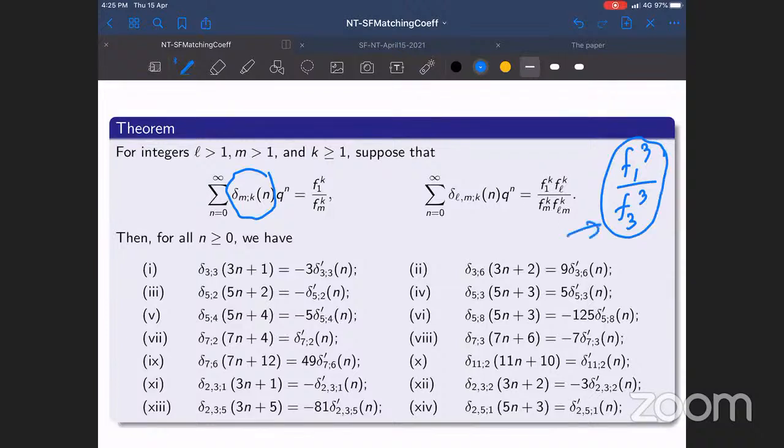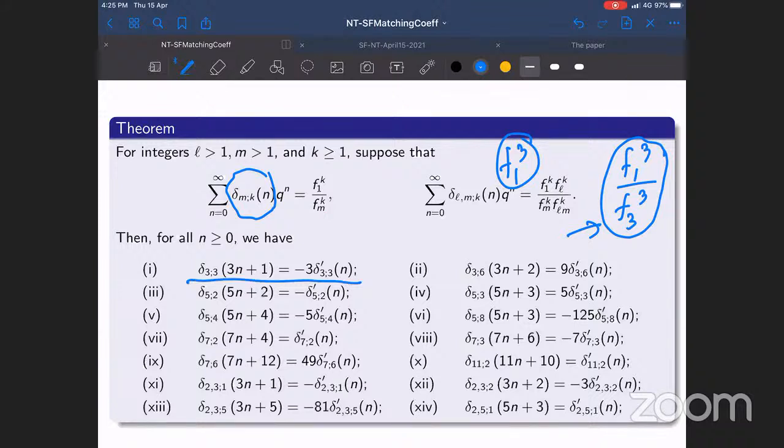So this is a Q product. And so we use the 3 dissection of F1 cube. So there is a 3 dissection of F1 cube. Okay. And using that, we actually found the first theorem.